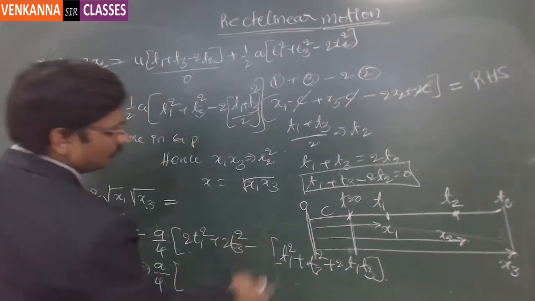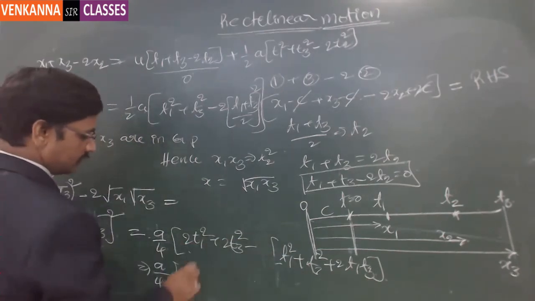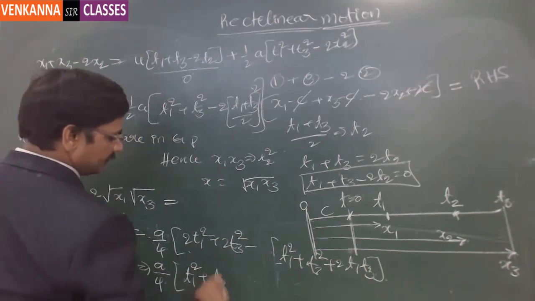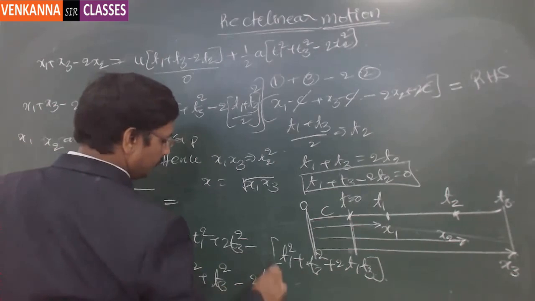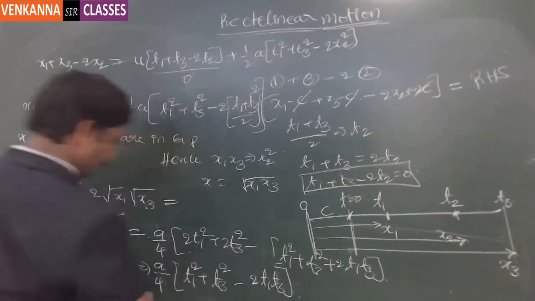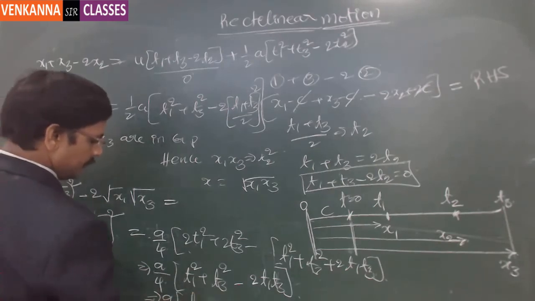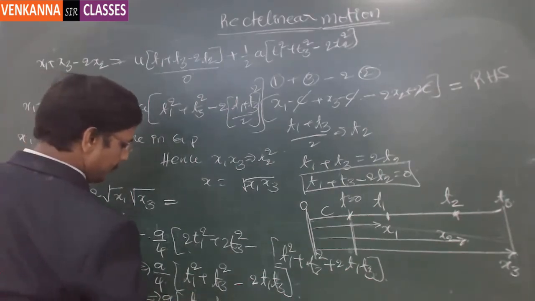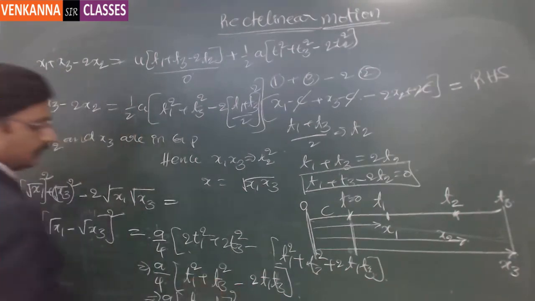So this 2 won't be there. So now actually 2t1 minus t1 square, this is t1 square plus t3 square minus 2 times t1 t3. Now this one, a by 4 times (t1 plus t3 whole square, sorry, minus t3 whole square).